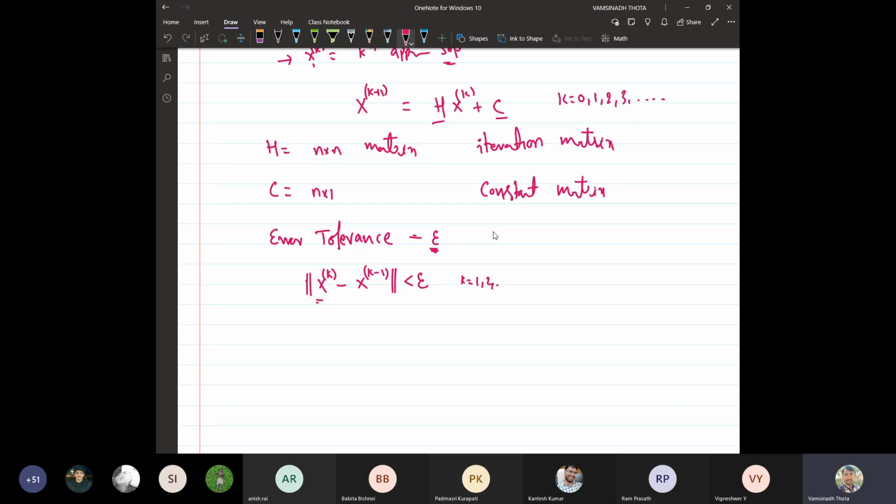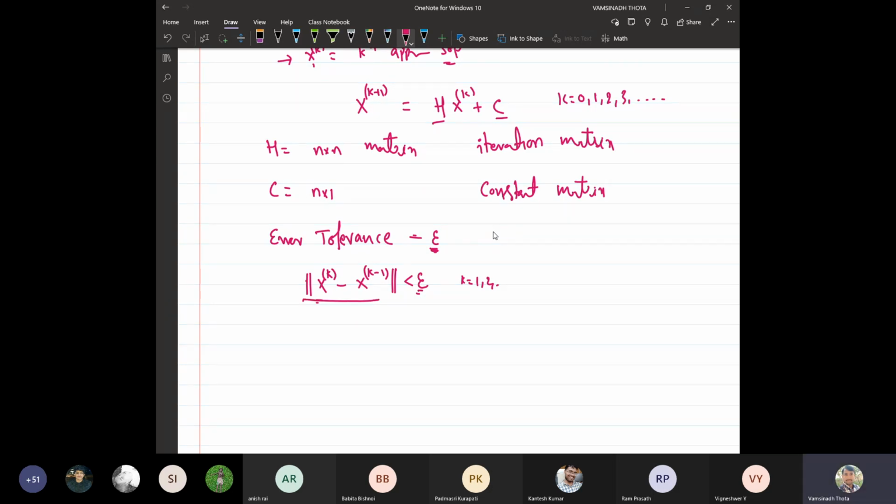Generally k starts from 1, 2 and so on. If the norm is strictly less than epsilon, you can stop the procedure, that is, terminate the algorithm. Why? Because I can tolerate this error; that is what I have given as the error tolerance. I don't have any problem.